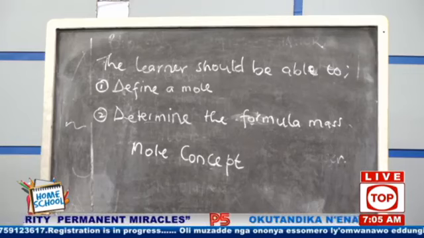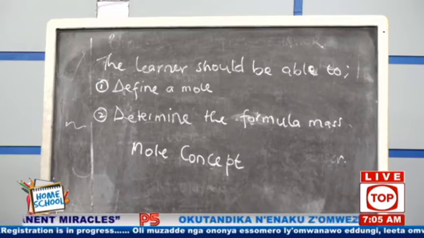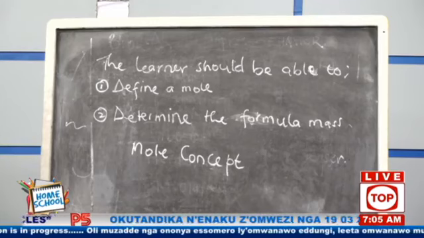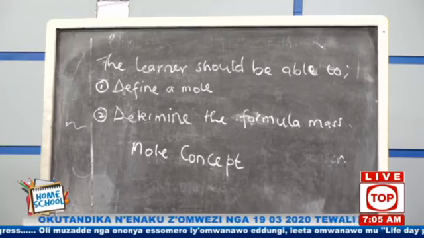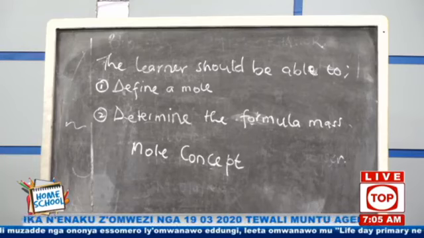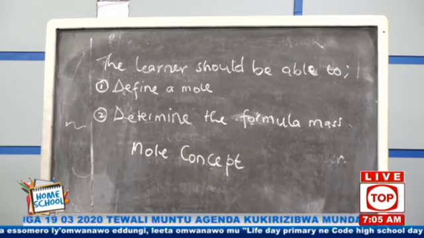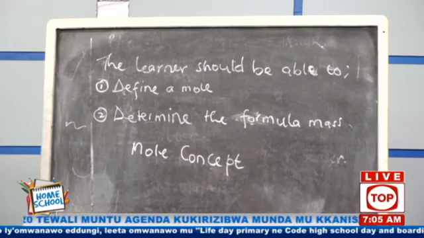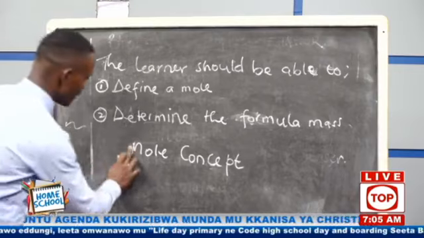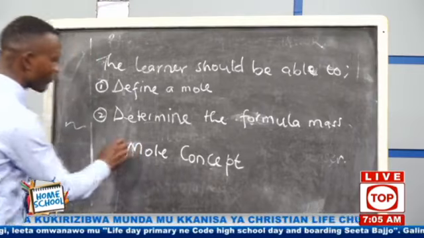Okay? As you count the number of particles, you get to realize that there are so many particles in a given substance. Okay? So when you look at these particles in details, you'll find that there are many. Take an example of what we have just seen.